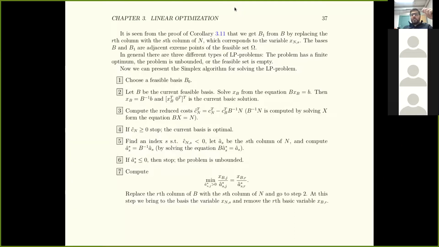If the corresponding A star S component is positive, and the corresponding X is 0, then we cannot actually bring this variable into the basis, because there is already an incurred net change in one of the variables, and that is already at 0. So we can't introduce this into the basis.